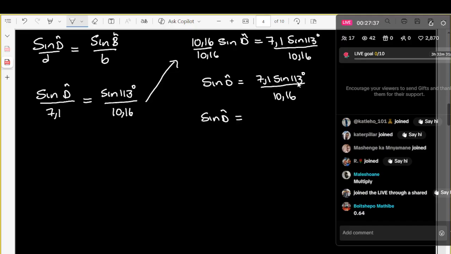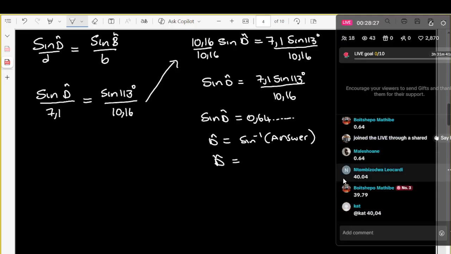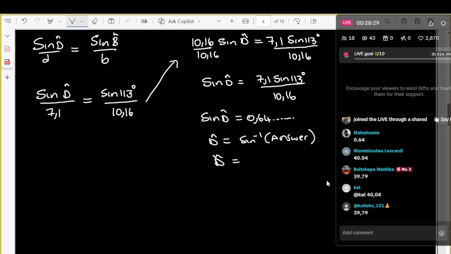You see, you rounded off your answer, and if you round it off, you're going to have problems. Please don't round off your answer. So I'm just going to take 40.04. Please don't say the sine inverse of 0.64. Say the sine inverse of answer.